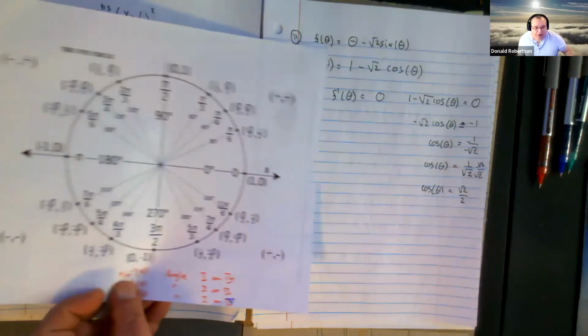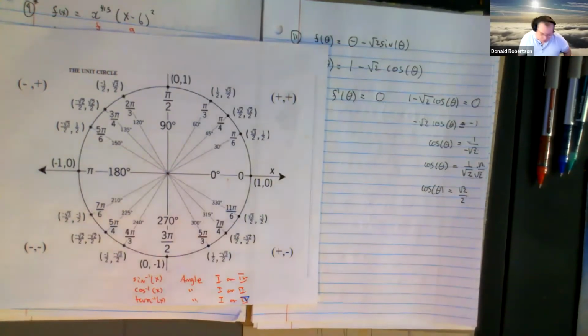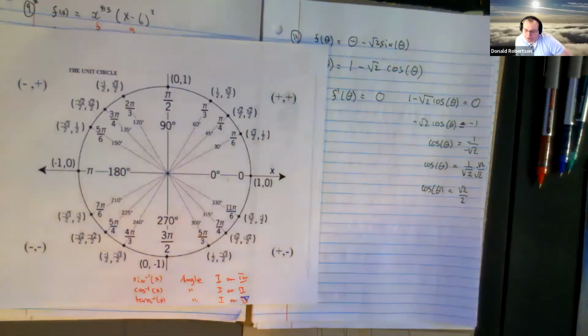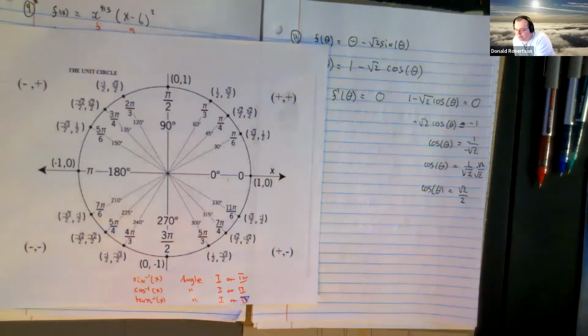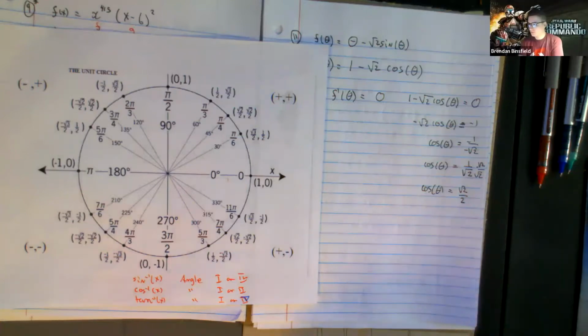Because we're going to be using our unit circle. Is the cosine of an angle the x coordinate on the unit circle, or is it the y coordinate? X. Correct.